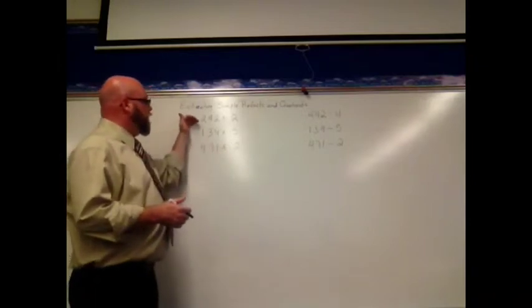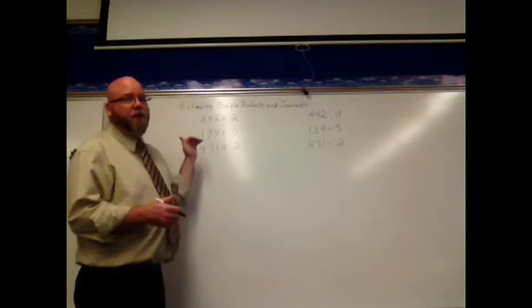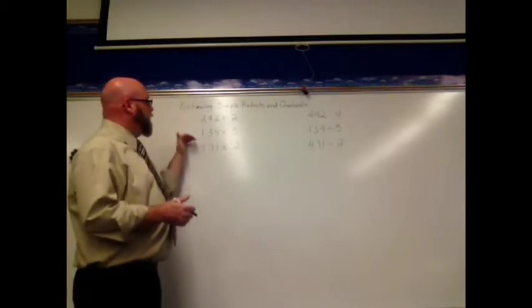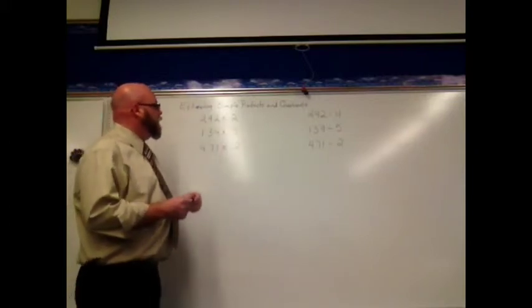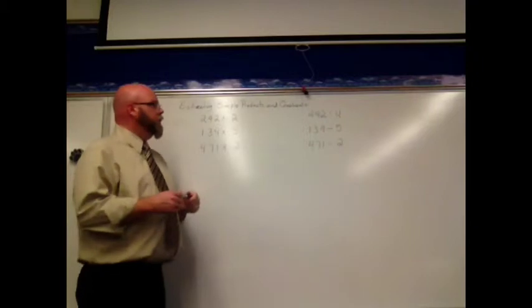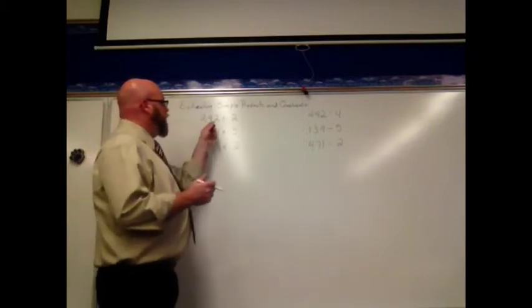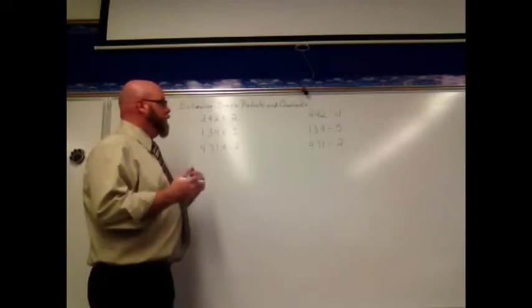So if I'm going to look at these three multiplication problems and find their estimated products, close answers, not exact, I'm going to look at them and say, I need to round first. Look at our first one, 242 times 2. When I'm rounding, is 242 closer to 200 or closer to 300?